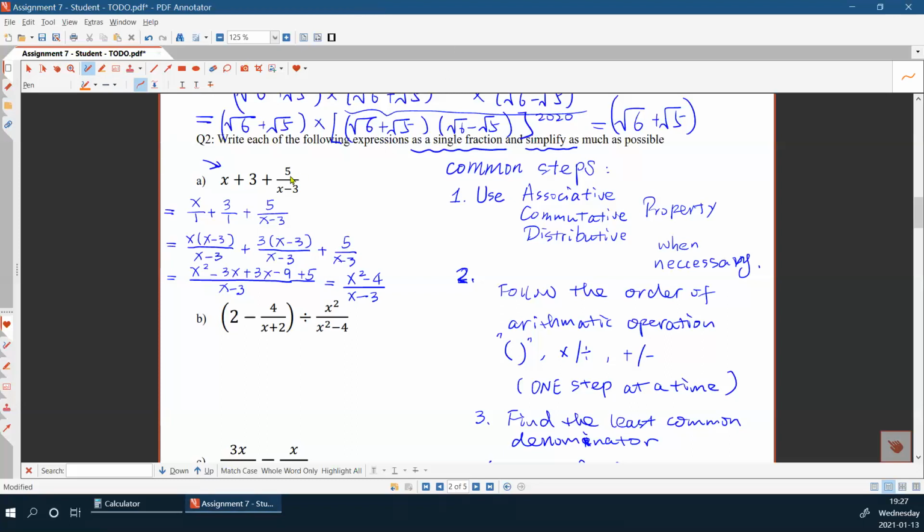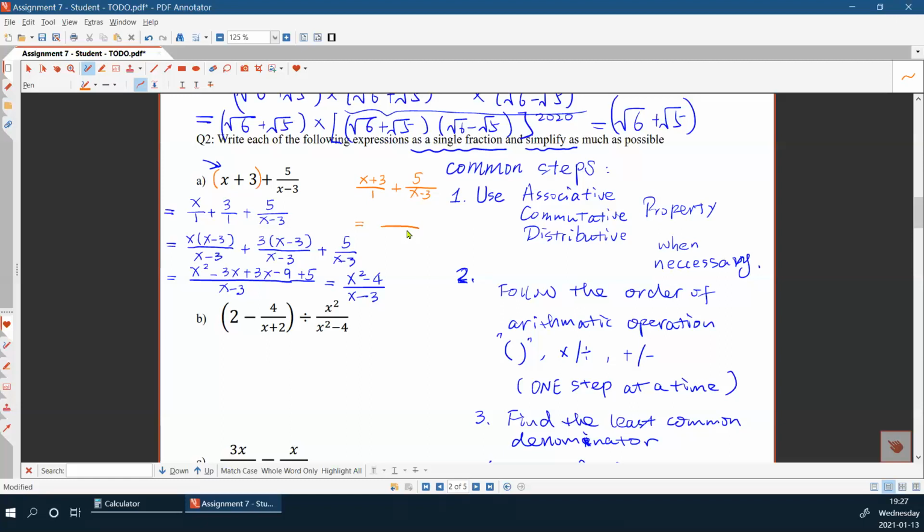Okay, second way, as I said, you can also treat x plus 3 as one term, right? If you treat this as one term, you get x plus 3 over 1, plus 5 over x minus 3, right? So in this way, the least common denominator is also x minus 3.